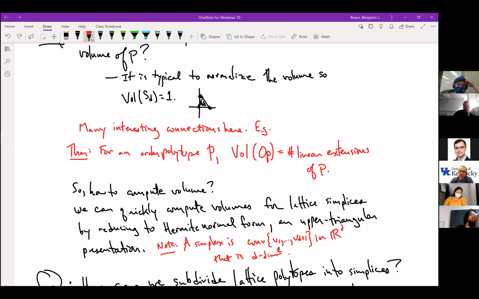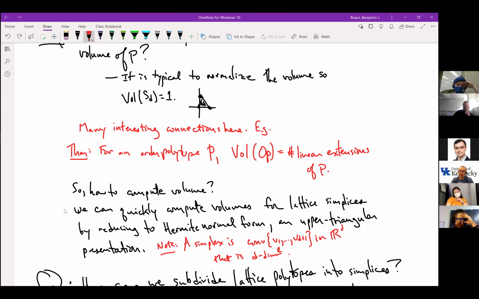All right. So the question is, how do you actually compute the volume? One thing is, you can quickly compute volumes for lattice simplices. Again, a simplex is the convex hull of d+1 points in R^d, and it's d-dimensional. So it's the generalized triangle and tetrahedron. For lattice simplices, we can reduce to a certain normal form called Hermite normal form, which is an upper triangular presentation of the simplex, by unimodular, lattice preserving transformations.